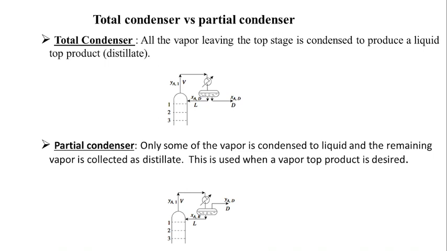So quite naturally, the level on the tray is decided by the height of the weir over which the overflow occurs. So the depth of liquid required on the tray decides the height of the weir that you are supposed to provide. Now comes the question of the downcomer width. It's like this.